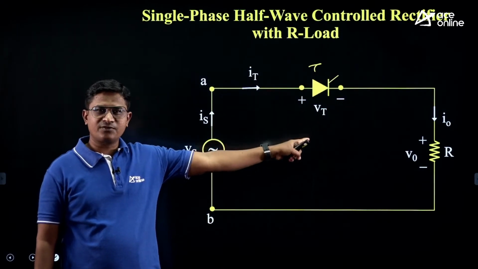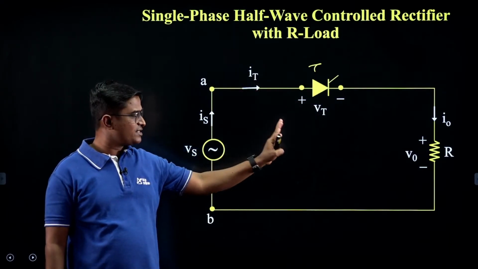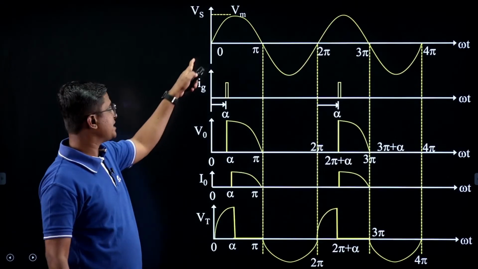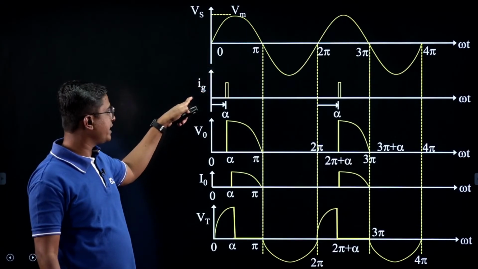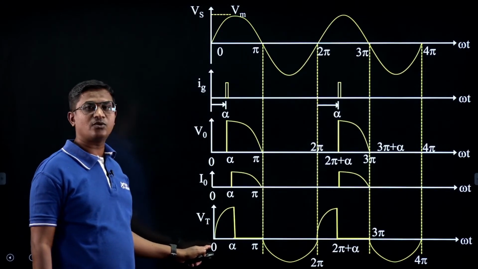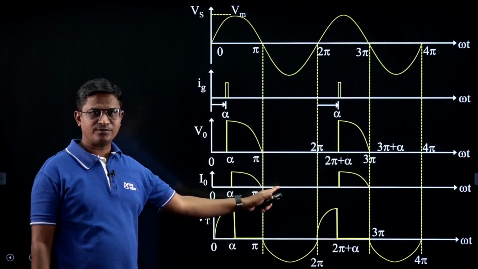If I replace the thyristor with a diode, it becomes an uncontrolled rectifier. For this circuit, these are the supply voltage waveform, gate signal, output voltage, load current, and thyristor voltage waveform. I don't want to go into these waveforms now.